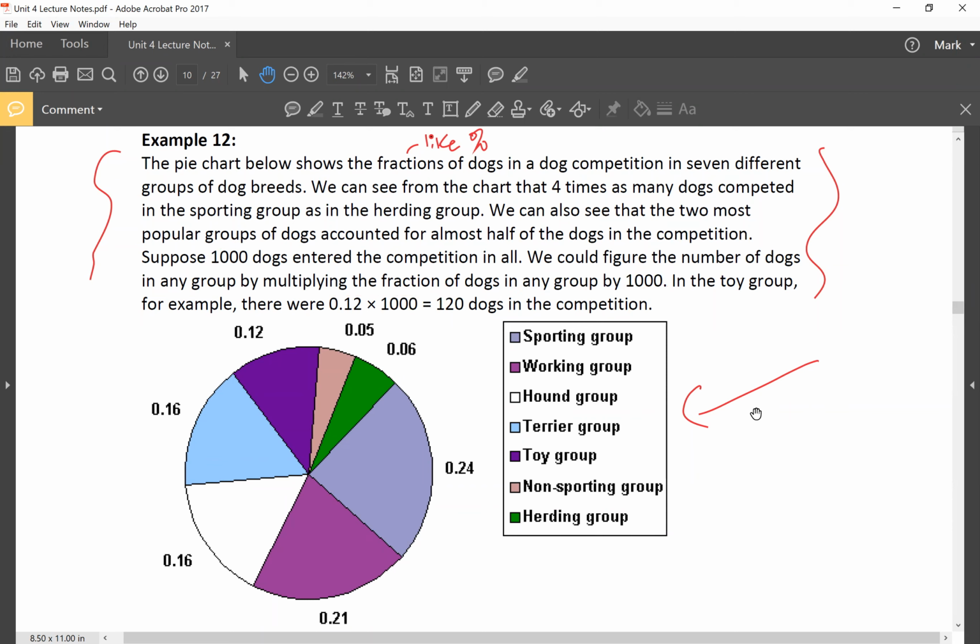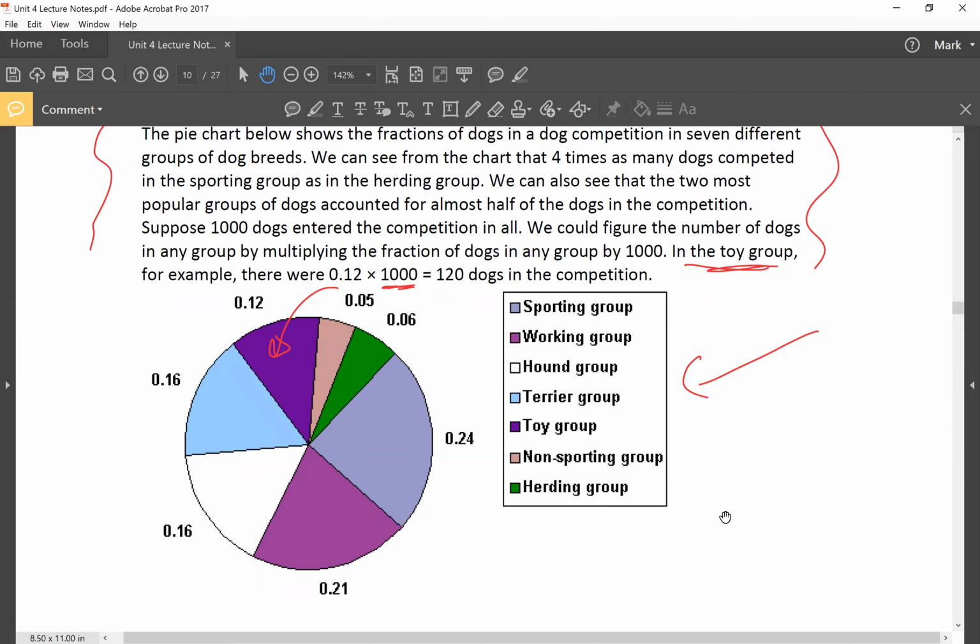I'll get rid of my writing here. So in the toy group, we have 1,000 dogs. 12% of those dogs are in the toy group. I think toys would be like the ones you see in people's handbags, like Shih Tzus and all those little tiny dogs, toy poodles. I would take the fraction, so 0.12, and multiply it by 1,000. So I'd get 120 dogs.